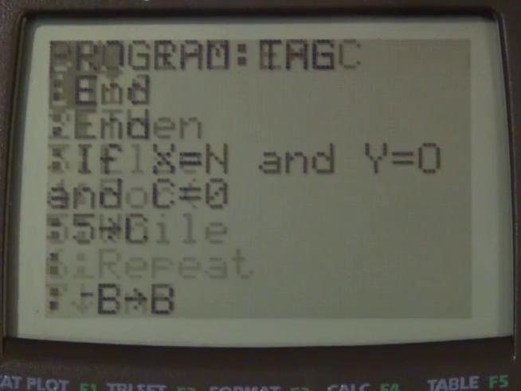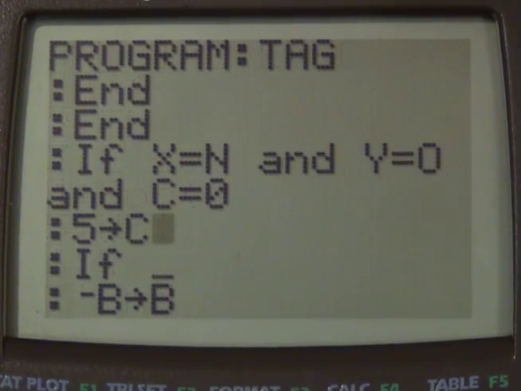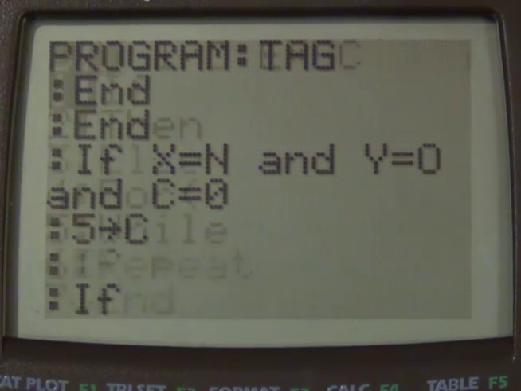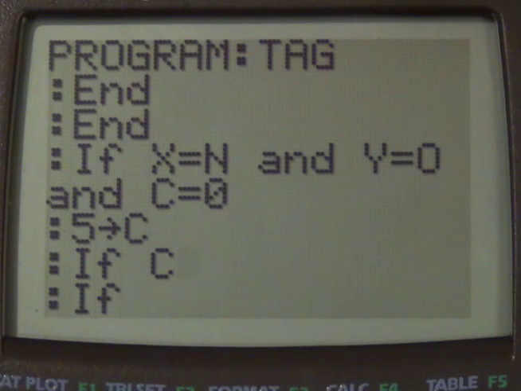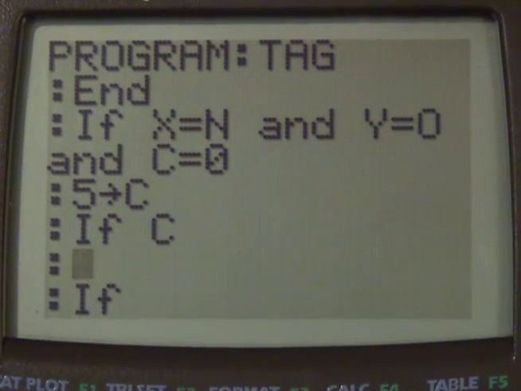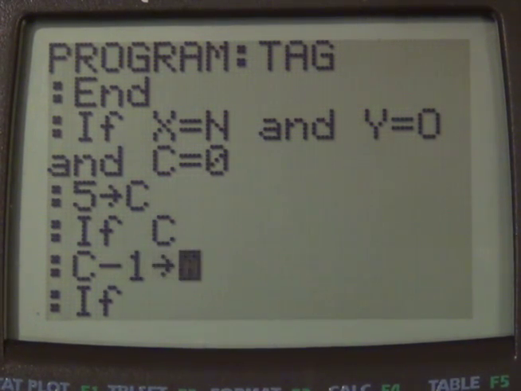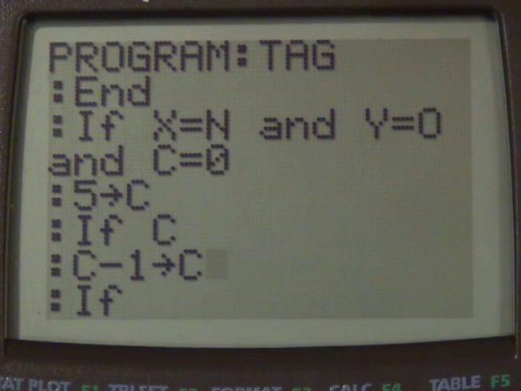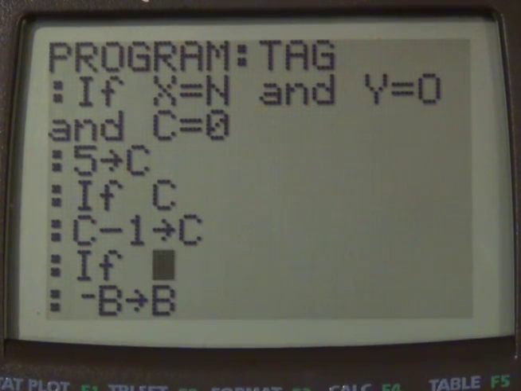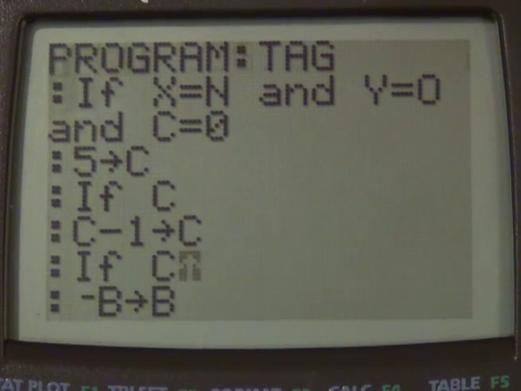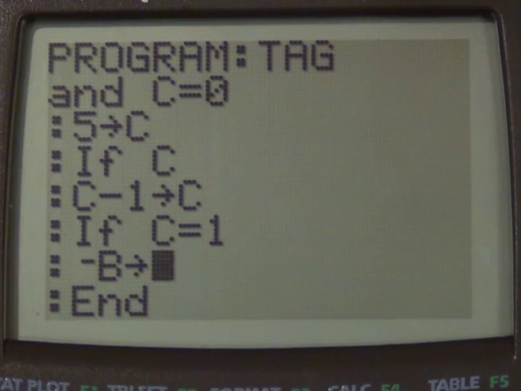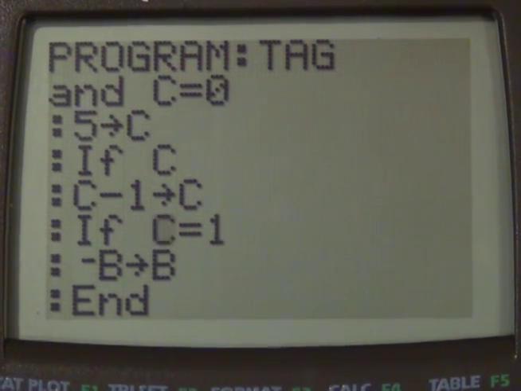Okay? And we're going to subtract. So we're going to say if C, then we're going to subtract 1 from C. So C minus 1 stores in C. So as soon as C is 0, then it's just going to stay at 0. Nothing's going to change it unless we touch. But if C is exactly 1, that's when he switches.